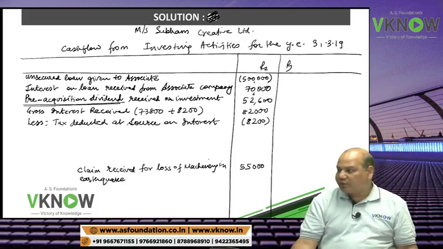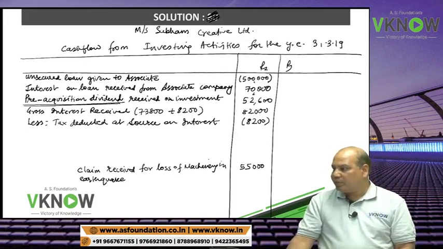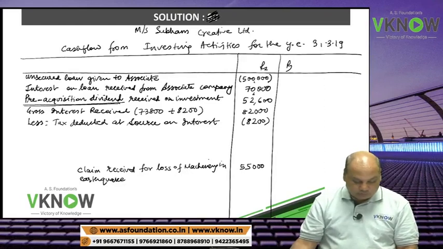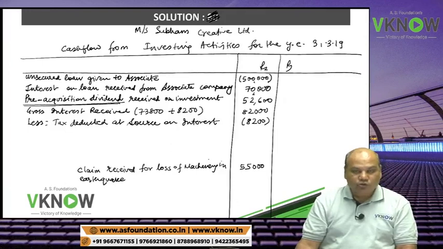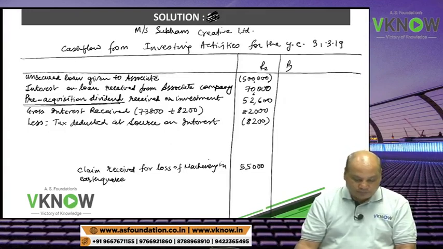Separate presentation of taxation. Then we have purchase of debenture of X Limited on 1st December 2018 which are redeemable within 3 months. So this is a cash equivalent item. Cash equivalent item will not be considered here.